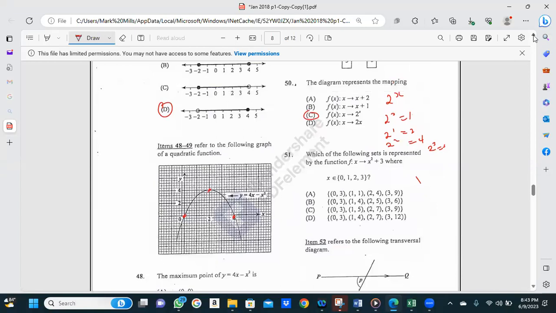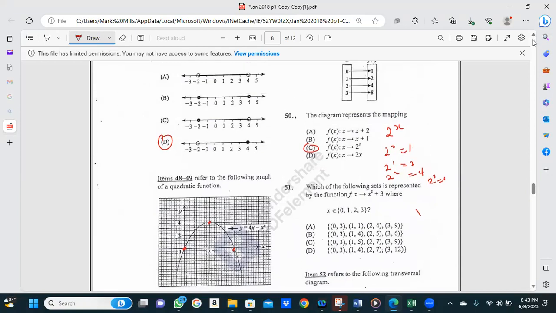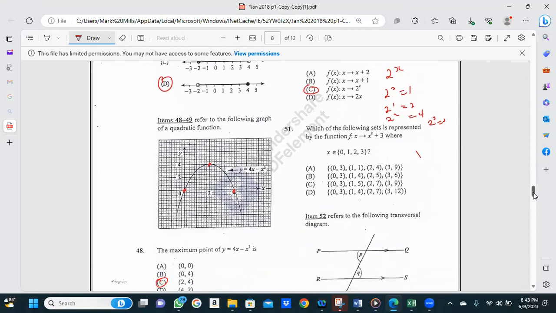Item 51. They're asking which one of these represents that. So x squared plus 3: 0 squared gives me 0, plus 3 gives me 3. 1 squared gives me 1, plus 3 gives me 4.